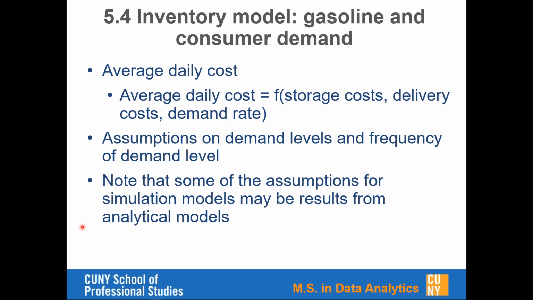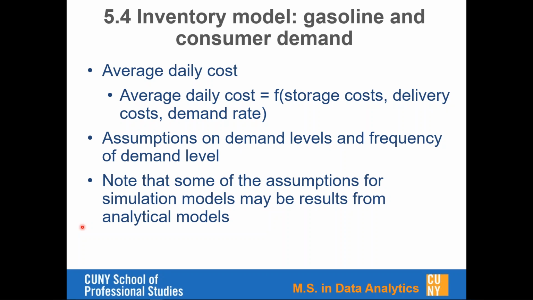Demand is also a factor in the daily cost, because there is a potential risk: if I only have two of the items in inventory but full demand today, and I was not able to fulfill it, that would be some sort of cost as well. So average daily cost is a function of storage cost, delivery cost, and demand rate.